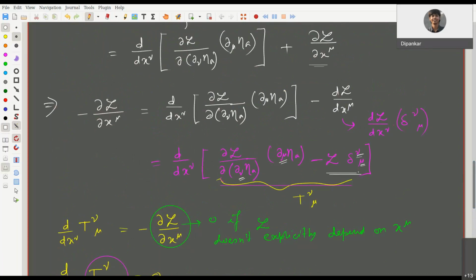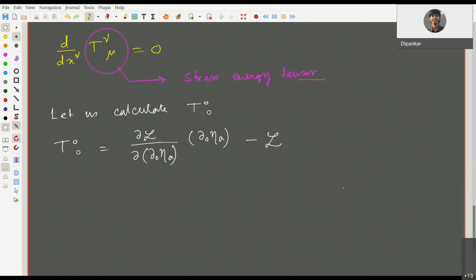Okay, so you compare with this. So this is del L del 0 eta. That is it. And again, del 0 eta is just eta dot, right? So this is del L del of eta A dot, and this del 0 eta is again your eta A dot minus L, right?